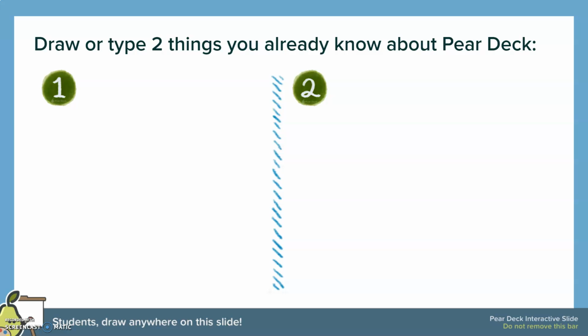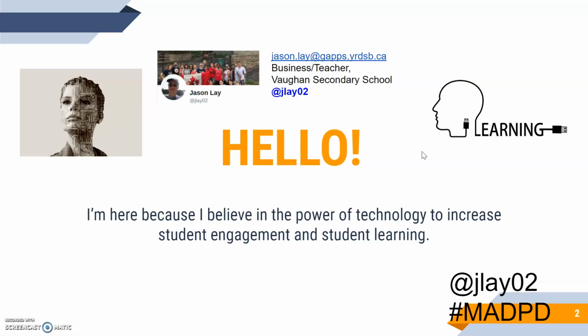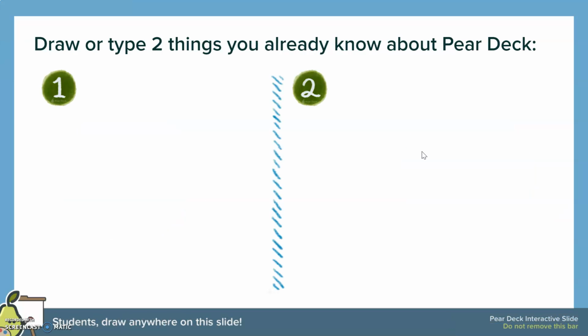Actually, I find that when educators are using the draw function in Pear Deck, they tend to have a lot of fun drawing. The other point is that with Pear Deck, educators can see what other educators put.